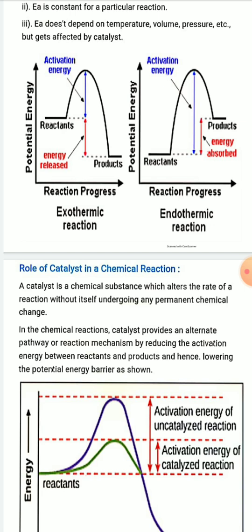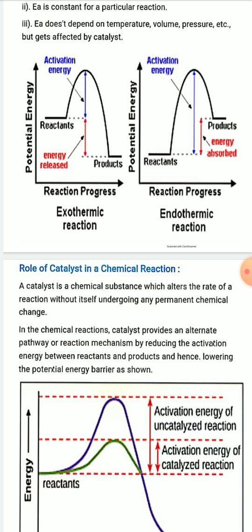That is, when the energy of reactant is higher than the energy of product, or energy of product is lower than the energy of reactant, then energy will be released in the conversion of reactant to product. While when the energy of product is higher than the energy of reactant, then energy will be absorbed, and then the reaction is known as endothermic reaction.